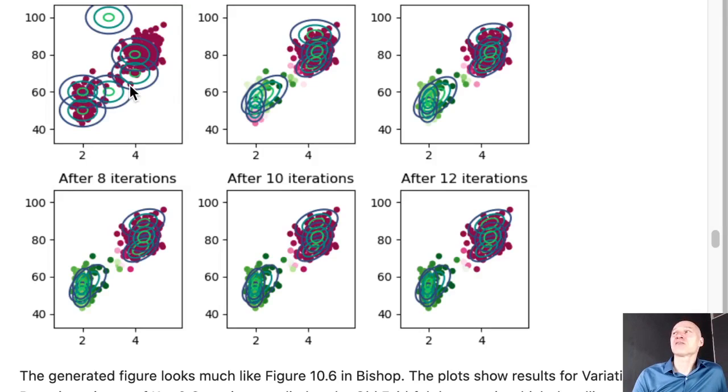And once I have parameters, I can update my class labels again, and back and forth. And so after 4 iterations, it looks like this.